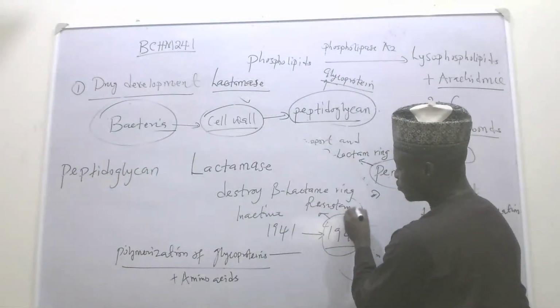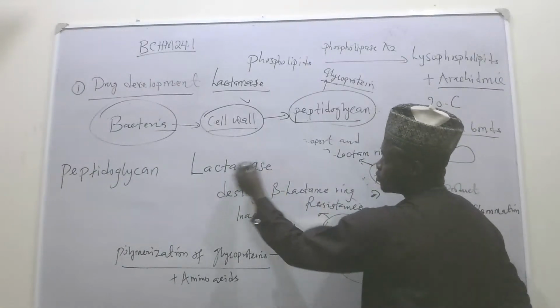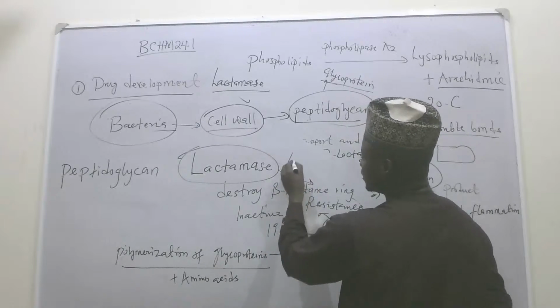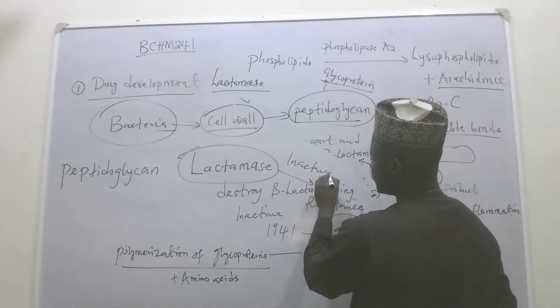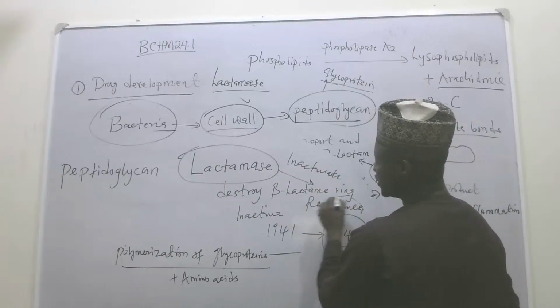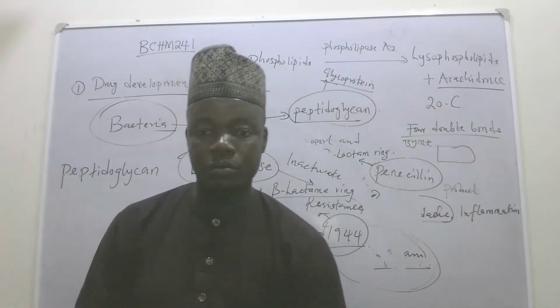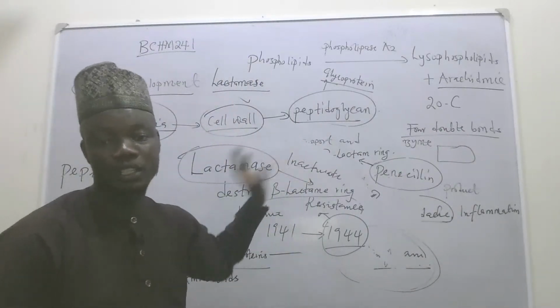It becomes inactive through resistance. How this microorganism becomes resistant to penicillin is by producing lactamase, and the lactamase inactivates the beta-lactam. So this is how microorganisms develop resistance to antibiotics.